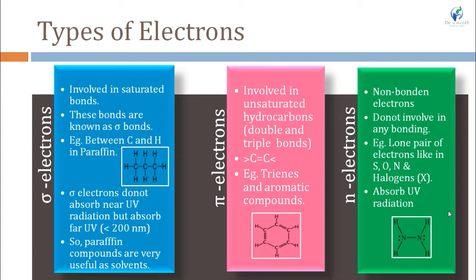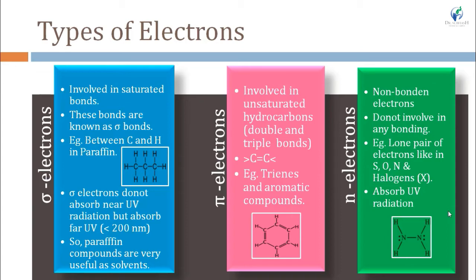Sigma electrons are involved in sigma bonds, pi electrons are involved in pi bonds, and non-bonding, meaning n electrons, are not involved in any bonds. And you are already aware that sigma bonds mean single bonds, pi bonds mean double or triple bonds, and non-bonding, right? So first we will talk about sigma electrons.